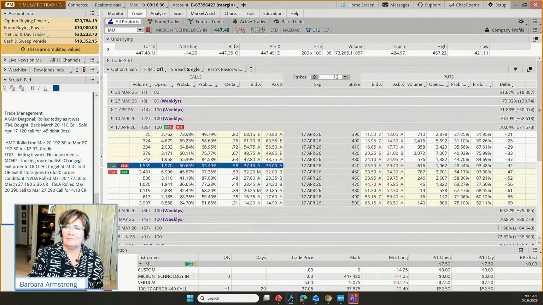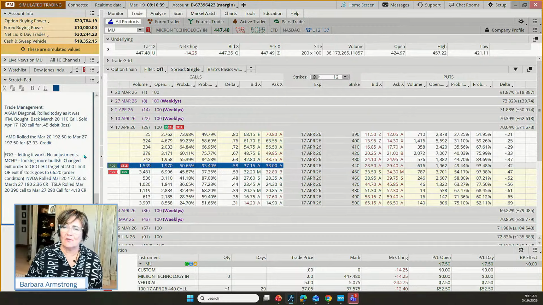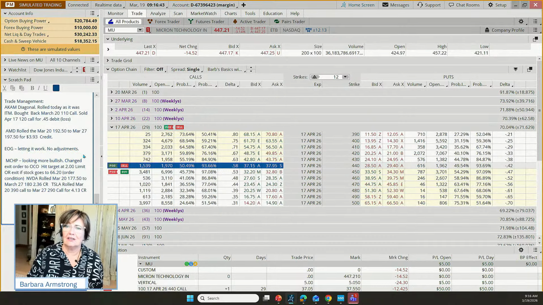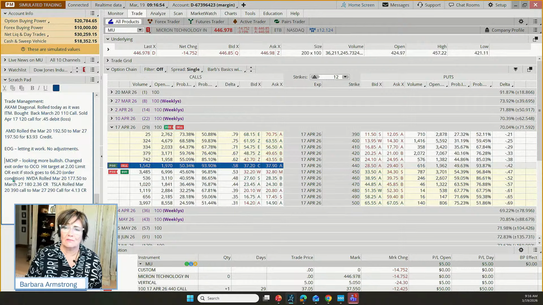With EOG, she looked at it and said, we're just going to let that one percolate, so there was nothing new there. MCHP was looking more bullish. They changed the exit order to an OCO and said, if it hits $2, we want to exit, or if the stock goes to 66.20, exit.